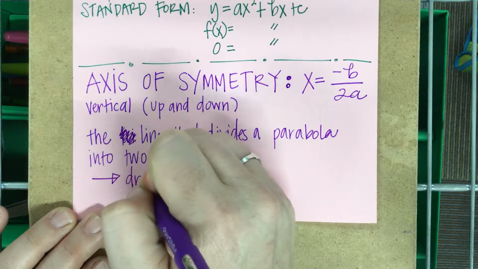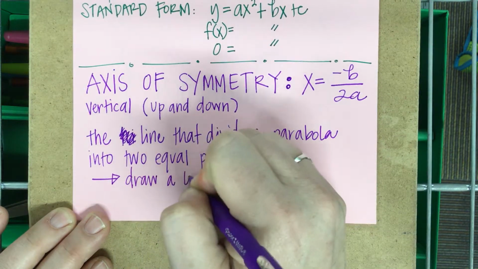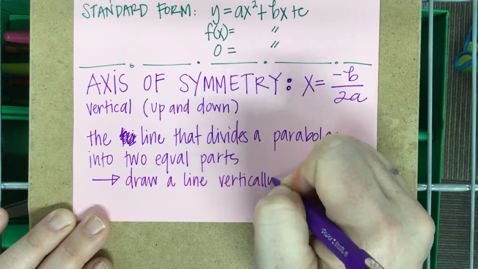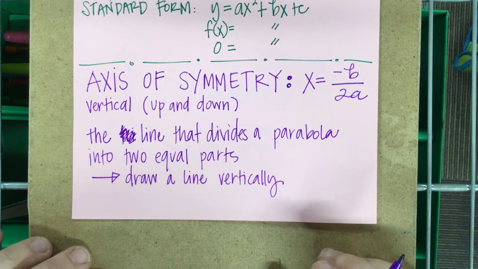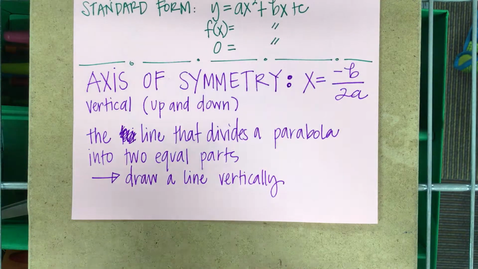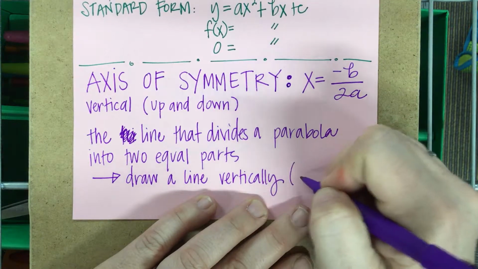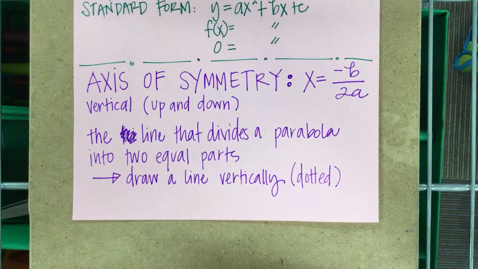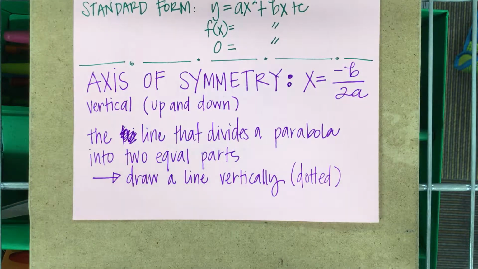We draw a line vertically. You could make it dotted if that helps you, like a little tick mark line going down to show you that it's the axis of symmetry.